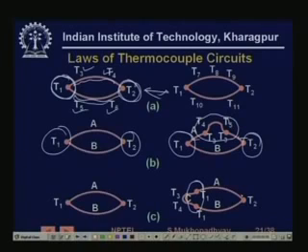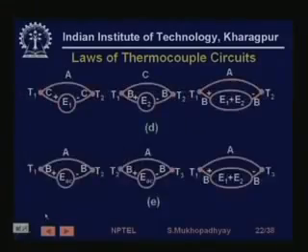So the insertion of a metal, we need not bother about as long as we keep the junction temperatures the same. And we also need not bother about the temperature gradient across the wires. We only need to bother about the temperatures at the junction points. So that makes measurement much easier, because if we had to maintain the temperature all across the wire, it would have been much more cumbersome.